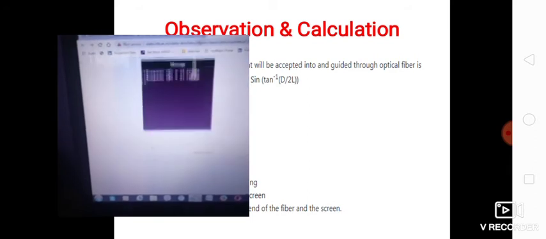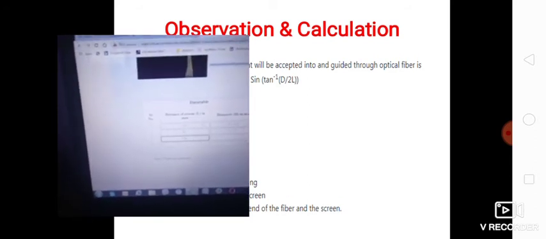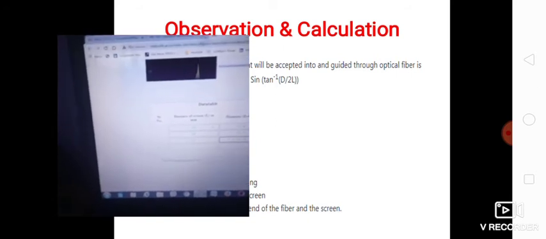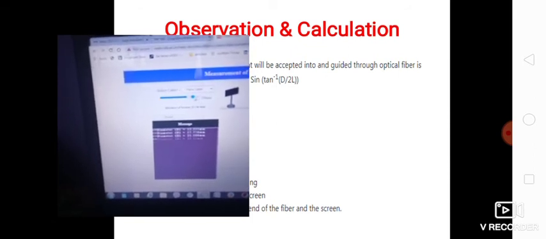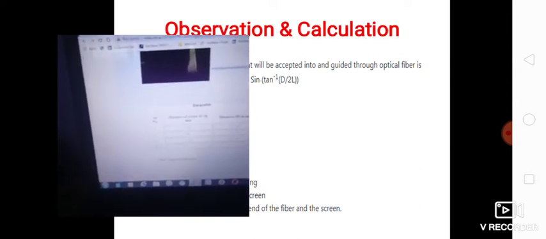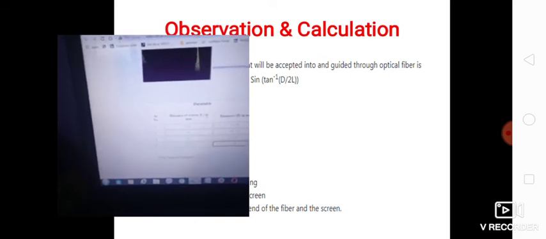So for 19, 21.10. Now the last step, the fourth step. For 20 mm, I am getting a diameter of 22.22. For 20, 22.22.